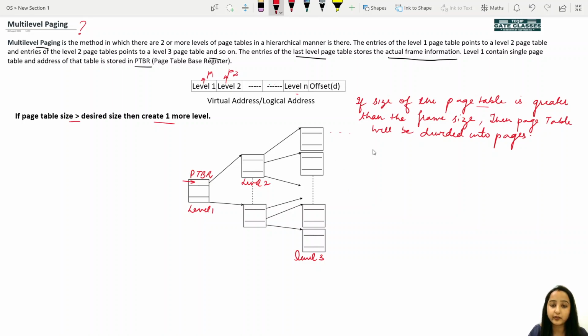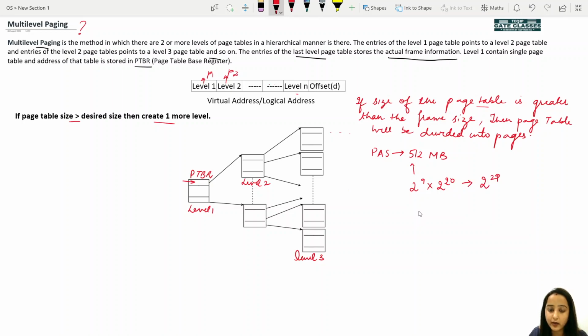Let us suppose the physical address space given to you is 512 MB. If I want to calculate the physical address, I have to write this in bits. 2 raised to power 9 into M, which is 2 raised to power 20, so 2 raised to power 29.